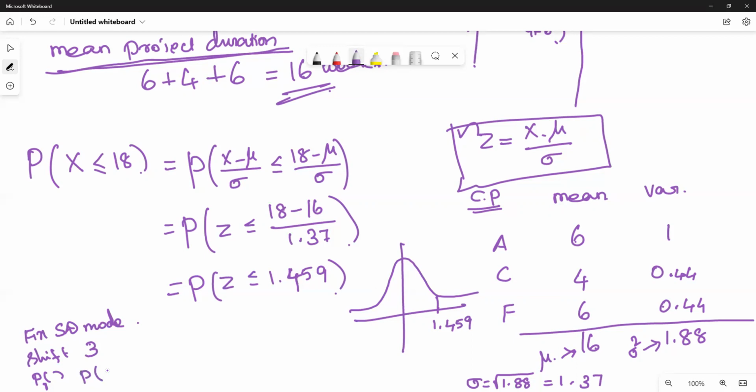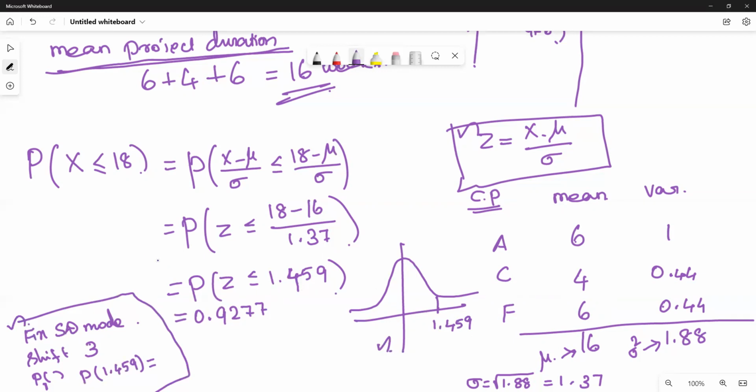In that you type the value 1.459 and close the bracket. Press equal to, and you will get the value. The value is 0.9277. So finding the value of P of Z less than or equal to 1.459 using the calculator is the same as finding it using the normal distribution table.